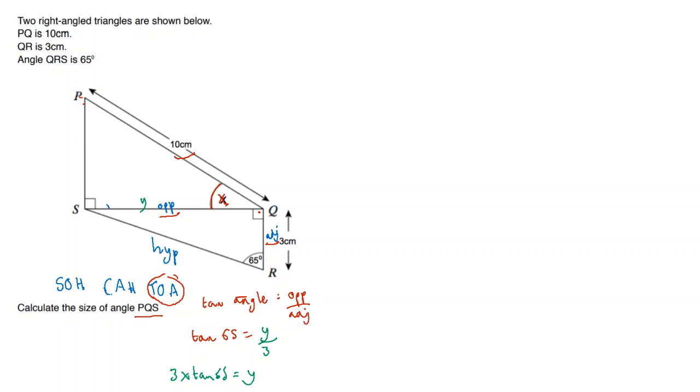So into my calculator, 3 times tan 65, and that gives me 6.434 centimetres, and I've given that to 3 decimal places for the moment. Now I would strongly recommend that you sketch out this triangle separately.